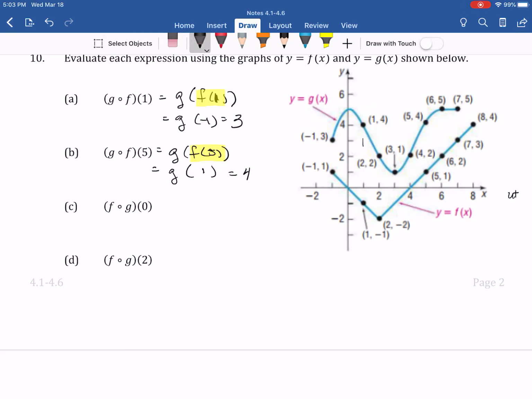Okay, next example, f of g of 0. This means I want to evaluate f of g of 0. Okay, so the inside part comes first, g of 0. G of 0 means start at the input 0 here, go to function g. Where do you end up? G is up here.